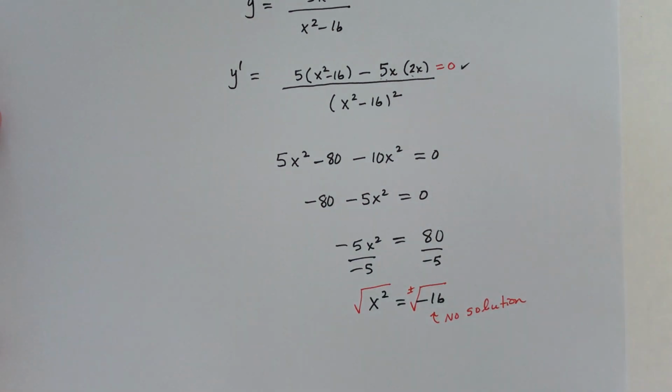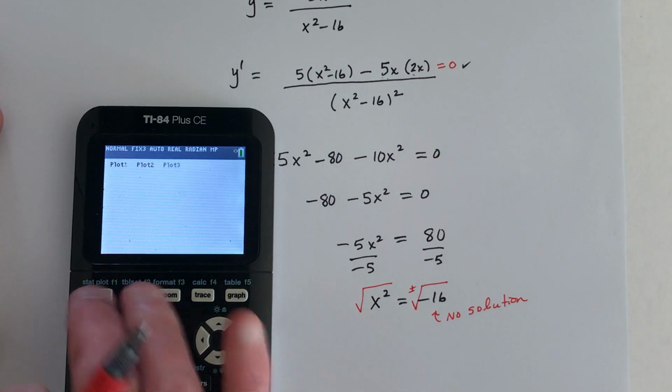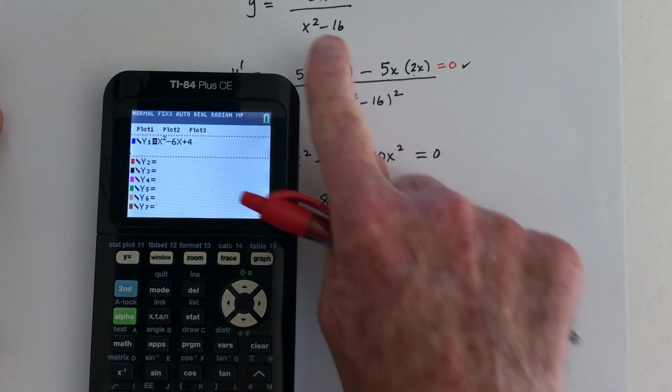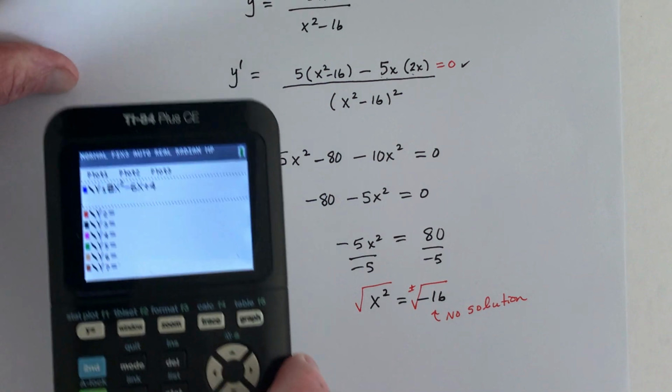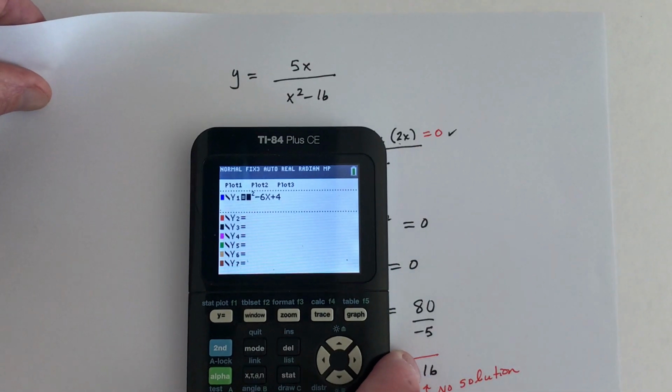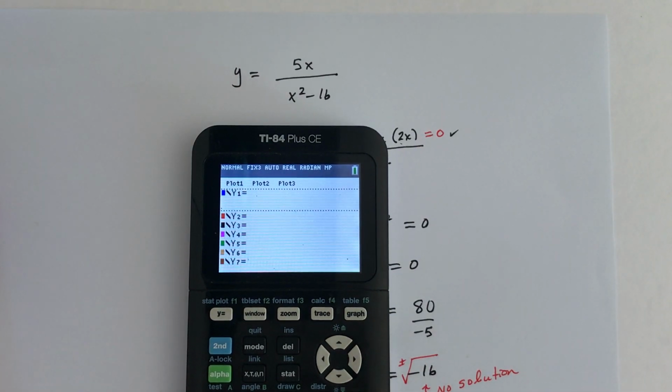All right, now let's put it together and take a look at the graph. When you graph, make sure that you graph the original function, not the derivative. So on the top, there's a 5x divided by, put the bottom in parentheses, so that's x squared minus 16. And then take a look at the graph.